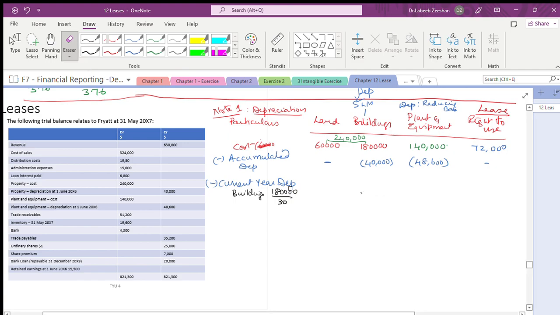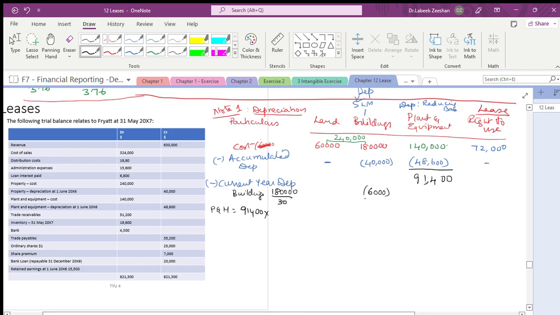How much will we get? 6,000. Now the plant and machinery, reducing balance. It comes to how much? 9 minus 8, 1. 13 minus 4, 91,400.